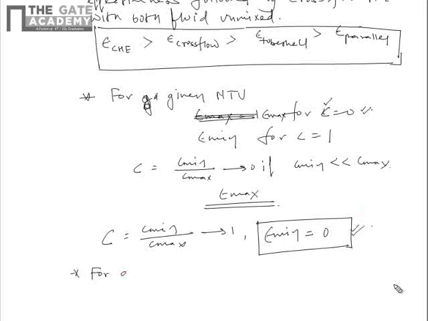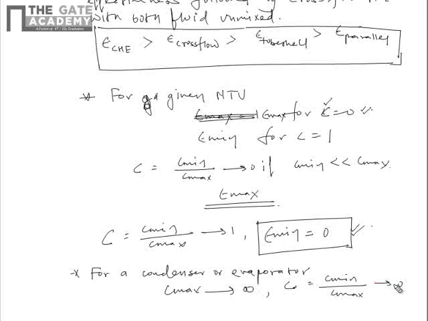For a condenser or evaporator, C max tends to infinity. That is, C equal to C minimum upon C max tends to 0.